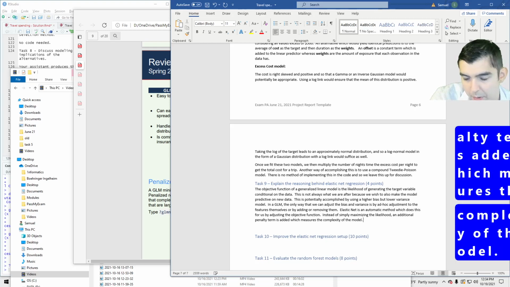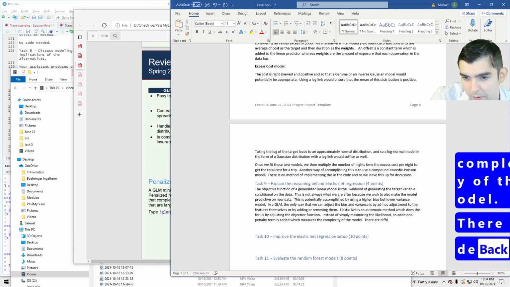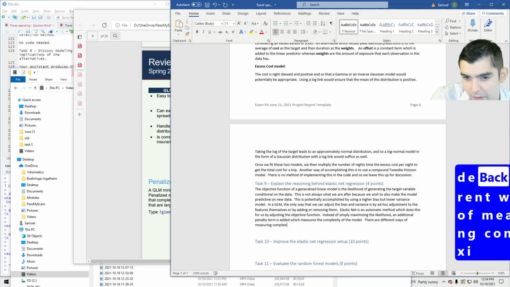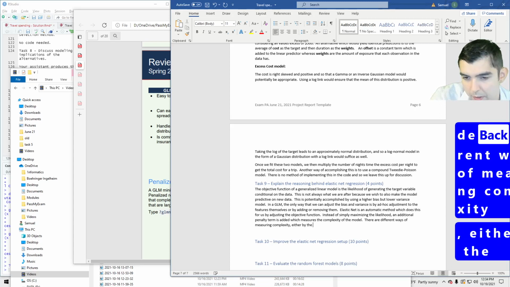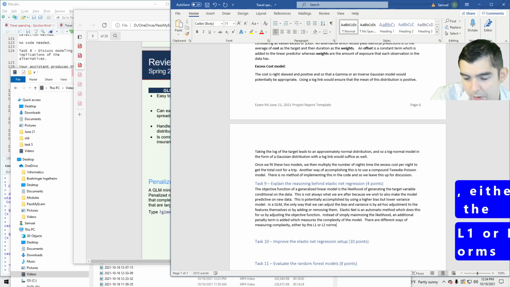There are different ways of measuring complexity, either by the L1 or L2 norms.